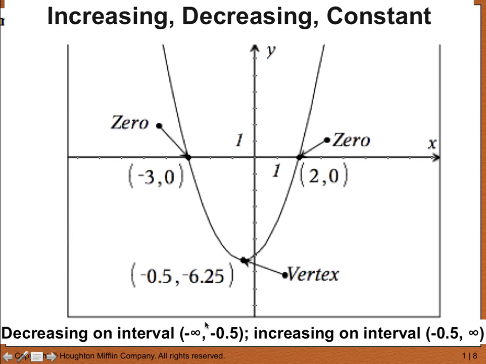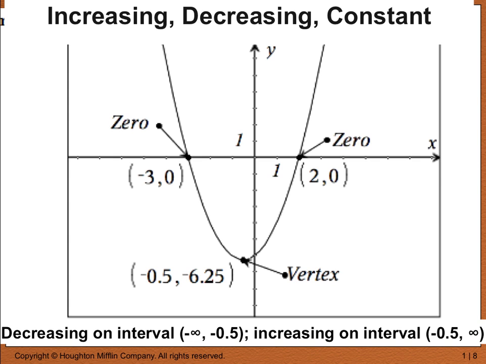Okay, so from the x-coordinates negative infinity to negative 0.5, what is happening to f of x? Well, f of x is decreasing on that interval. It's going down. All right, but the function is increasing on the interval from negative 0.5 to infinity. That is the x-coordinates negative 0.5 to infinity, because for those x-coordinates, what's happening to f of x? It's increasing. It's going up.